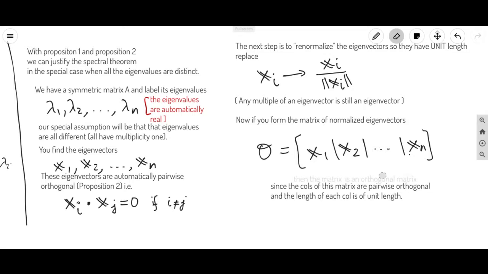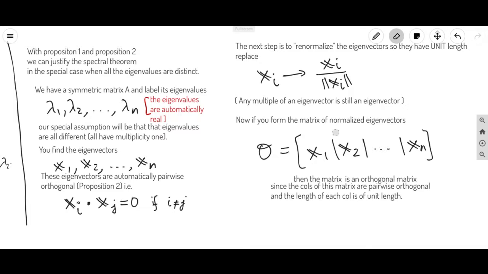If you go back to your notes from last week when we were discussing orthogonal matrices, we said, how do you check if a matrix is orthogonal without actually finding its inverse? The hard way is to calculate the inverse of the matrix and see if it's the same as the transpose.